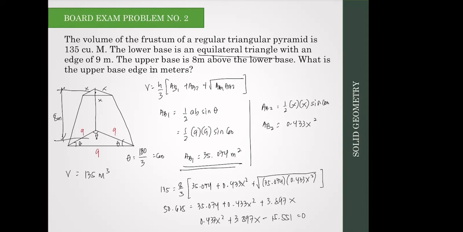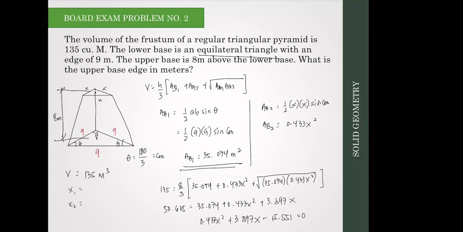So since may quadratic function tayo, kailangan kunin natin yung values ng x1 and x2 natin using quadratic formula. Okay? So I leave you kung paano i-solve yung quadratic formula kasi that is already discussed dun sa ating algebra na topic. Pero papakita ko na lang siya sa calcu.